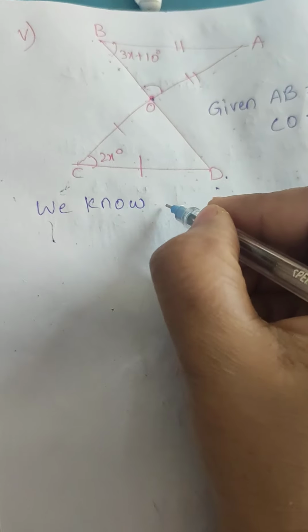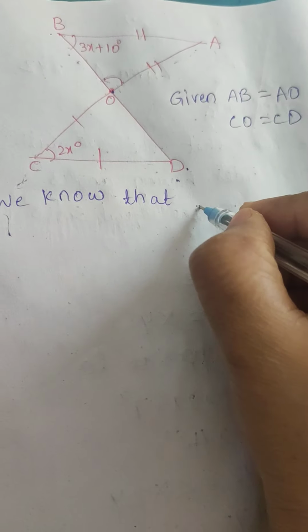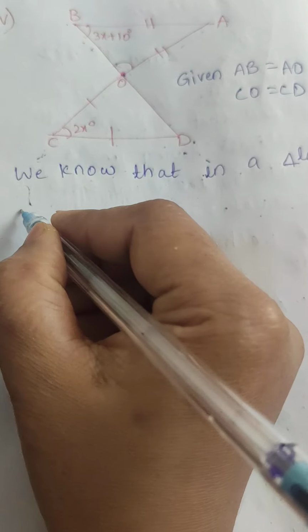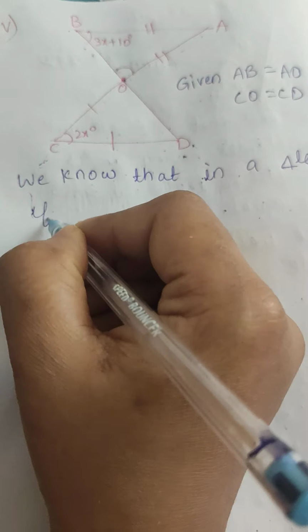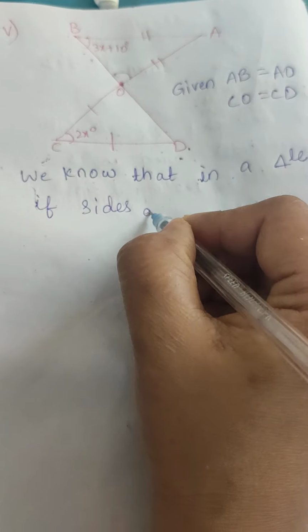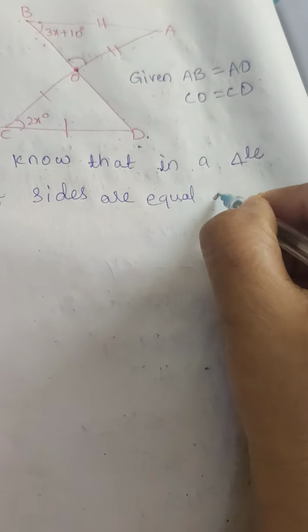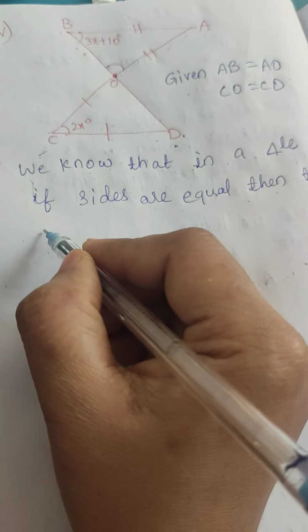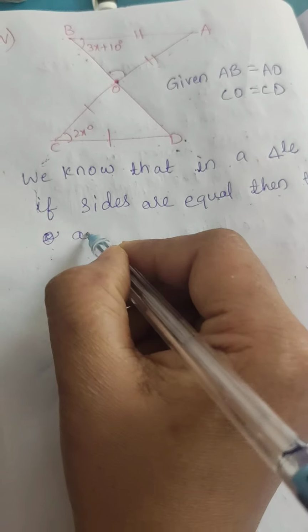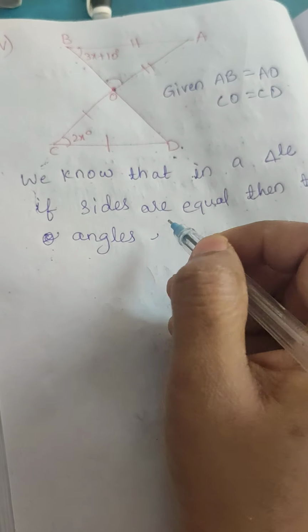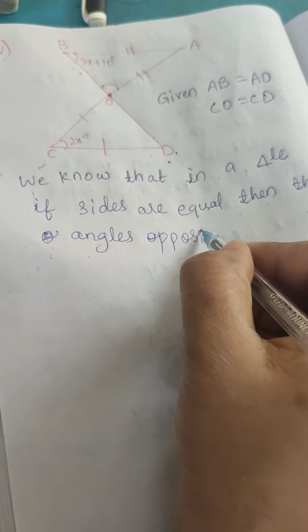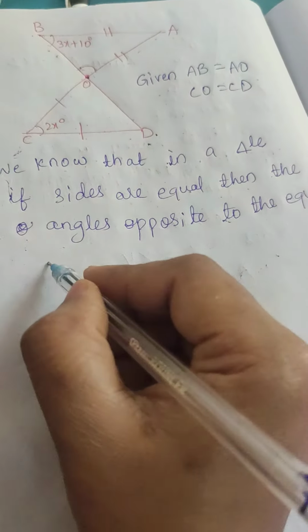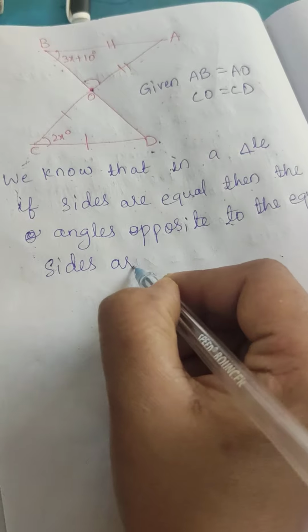We know that in a triangle, if sides are equal, then the angles opposite to the equal sides are equal.